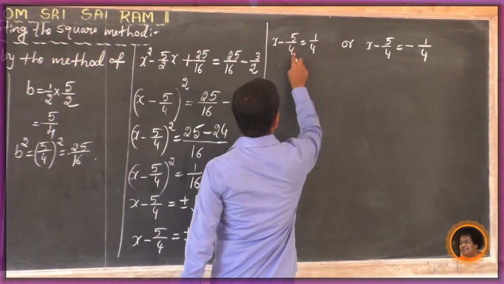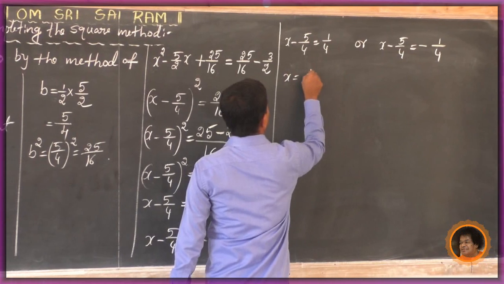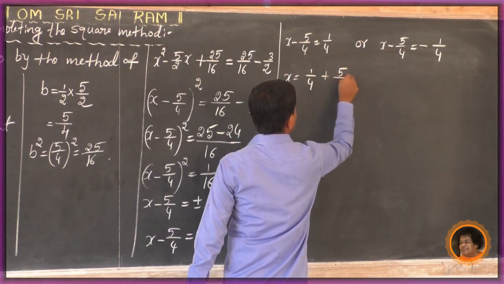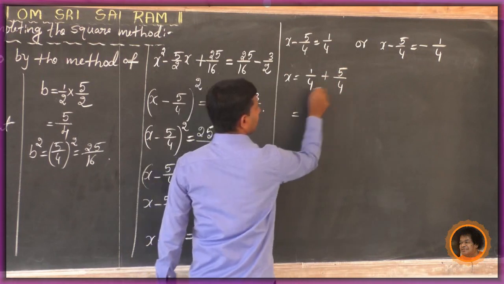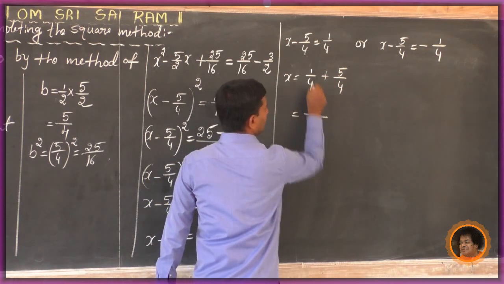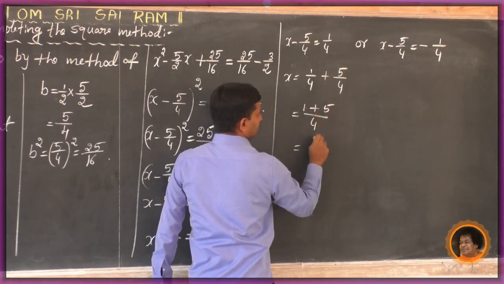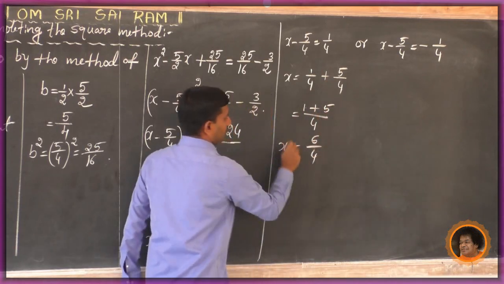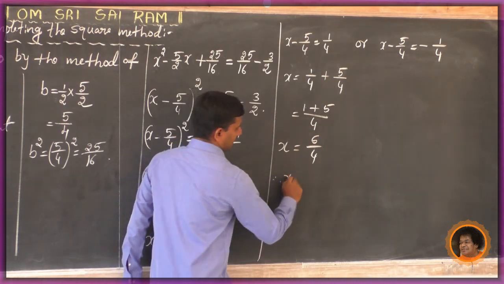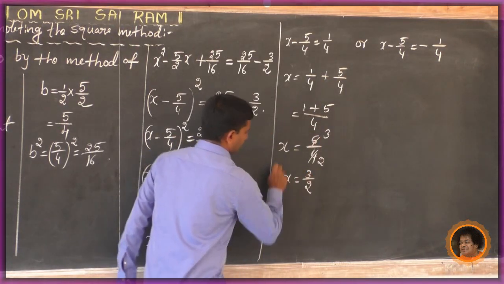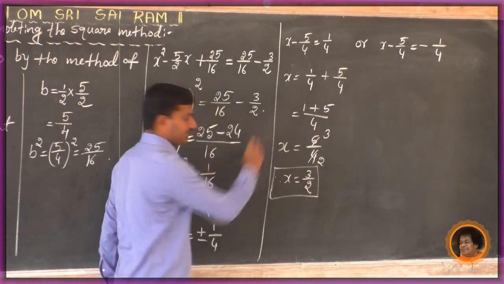Transposing the constant term, x equals 1 by 4 plus 5 by 4. The denominator is the same, 4, so add the numerators: 1 plus 5 equals 6 by 4. Or x equals 3 by 2. This is the value of x.